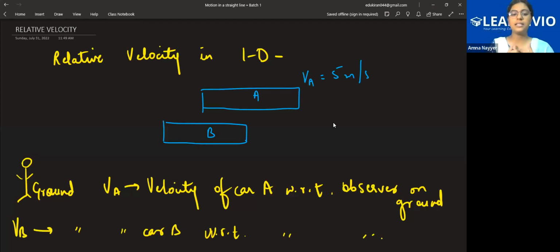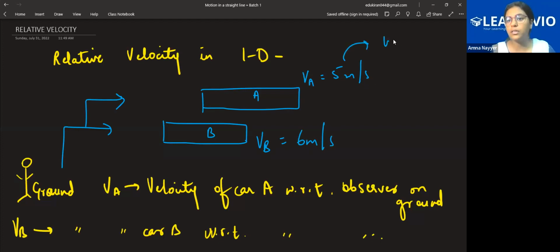If a person is standing on the ground and observing these two, then the velocity of car A is 5 meter per second. And let's assume velocity of car B is 6 meter per second. This is with respect to the ground. With respect to the ground means observer on ground.